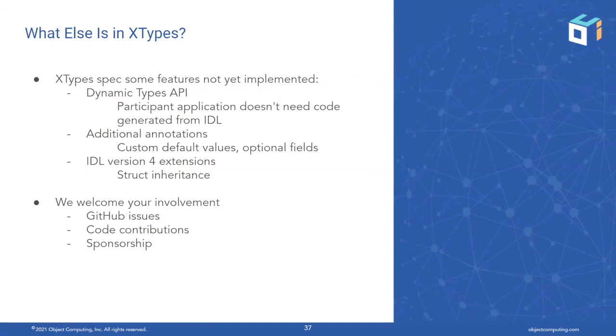One of the key ones there is struct inheritance, and that is something that we can also add to OpenDDS in the future. So of course, we welcome your involvement and participation in the OpenDDS project, whether that's through GitHub issues, through contributing code, and even through sponsorship.